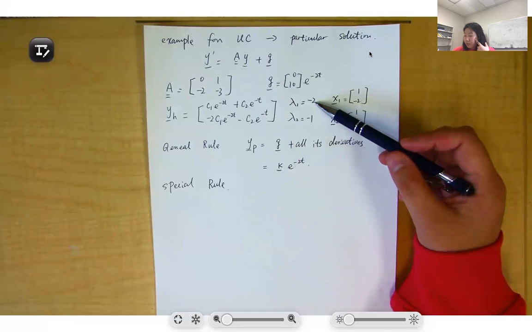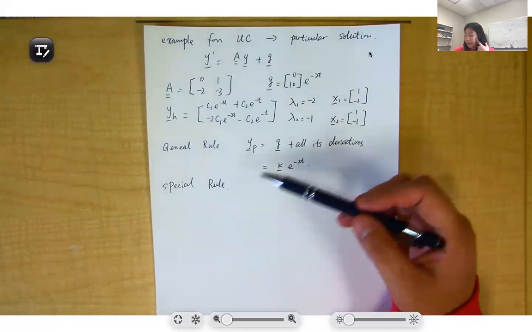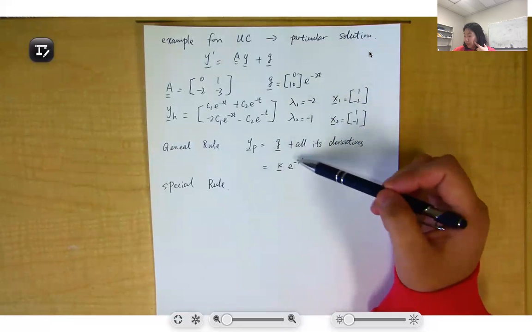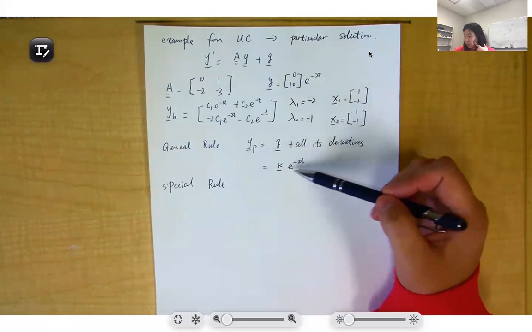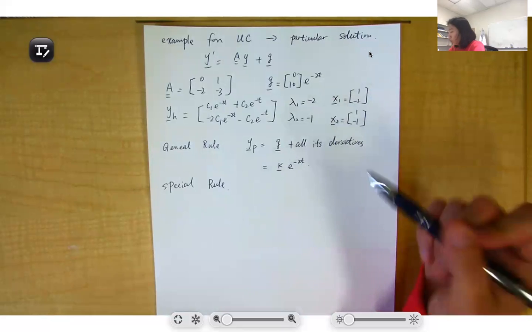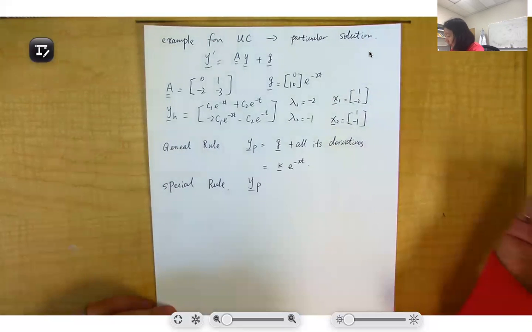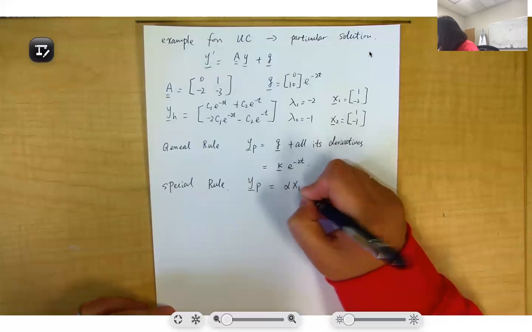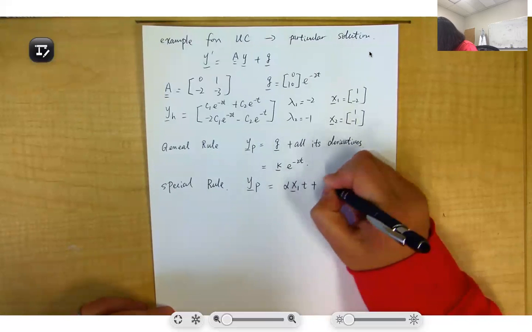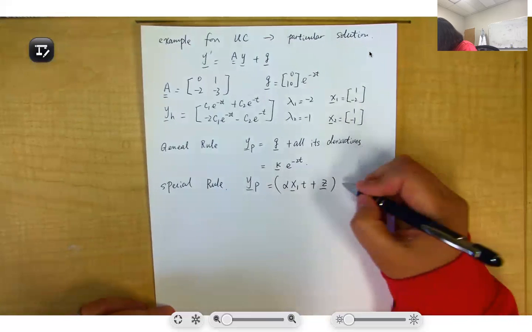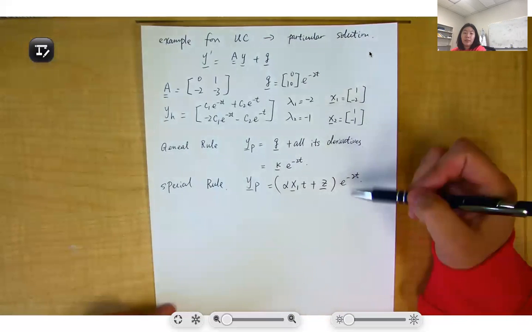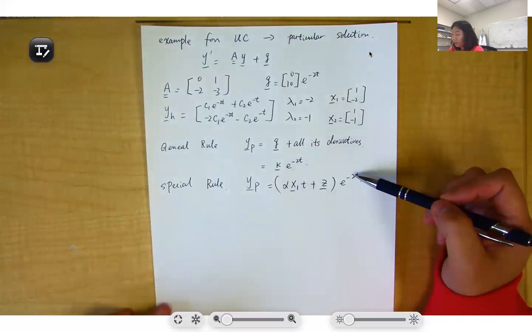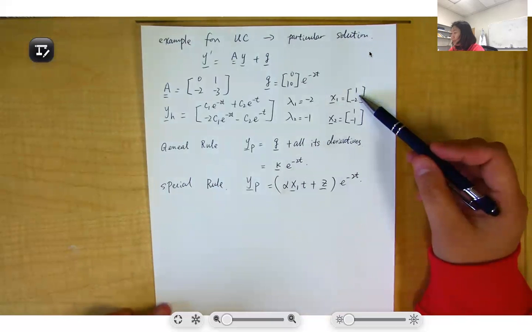Then it applies to our special rule, because that is saying if your homogeneous solution has the same part as the particular forcing function, then we need to rewrite our particular solution format, which will be alpha x1 t plus z, times e to the -2t, because they share the same term. And this x1 will be associated with this eigenvalue, which is the eigenvector 1, okay?